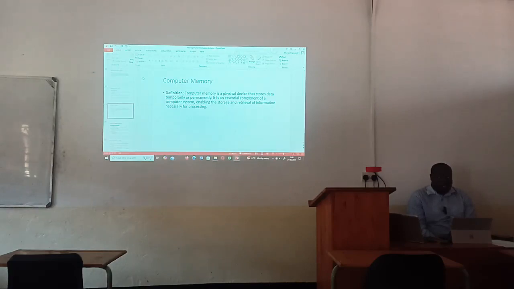when you are writing a document, it is very important to save. If you don't save, and you write 100 pages, you lose everything. Why? Because it was stored in a temporary storage called RAM. But when you save, you are creating a copy on a permanent memory, memory that does not require electricity to retain its values.